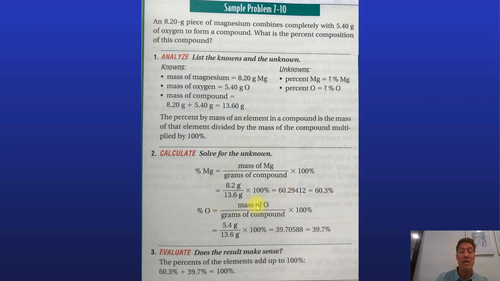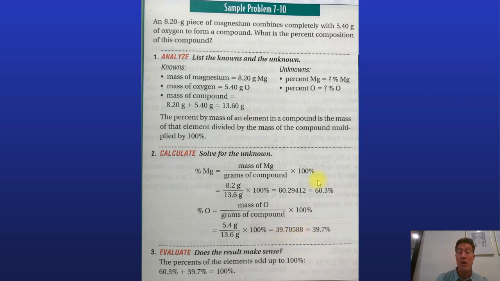We do the same thing with oxygen. We take the mass of oxygen, 5.4 grams, over the grams of the whole compound, which is 13.6, just like it was here. And we just do the math. 5.4 divided by 13.6 times 100, 39.7%.